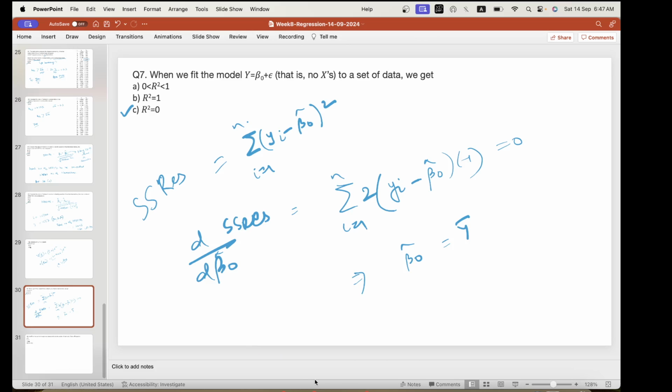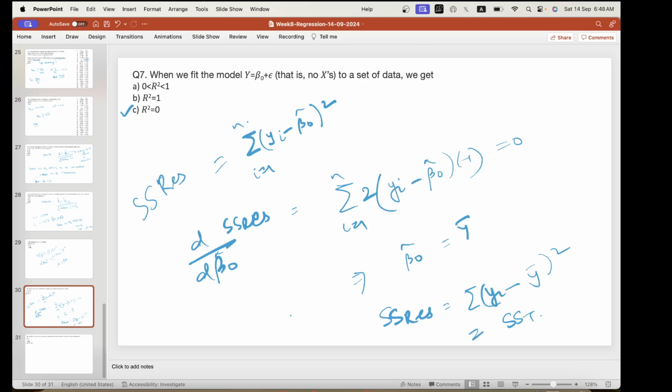So if beta naught hat is y bar, then SS residual is actually summation (yi minus y bar) whole square, which is actually SST.